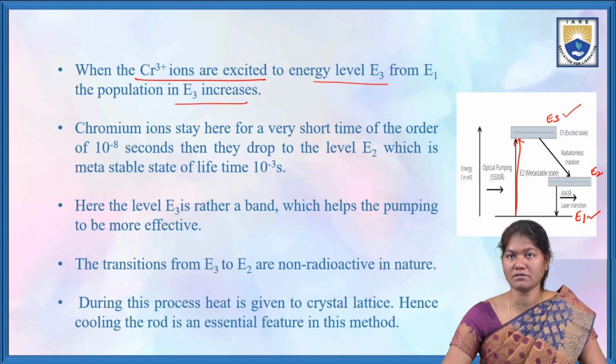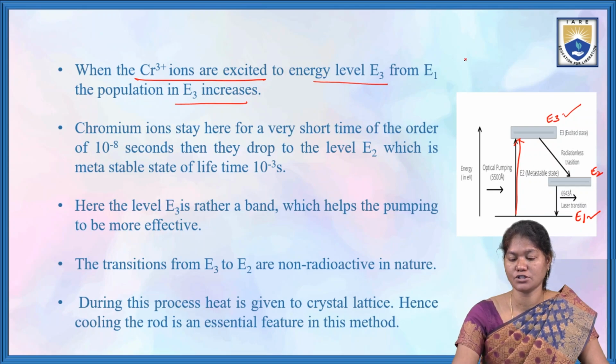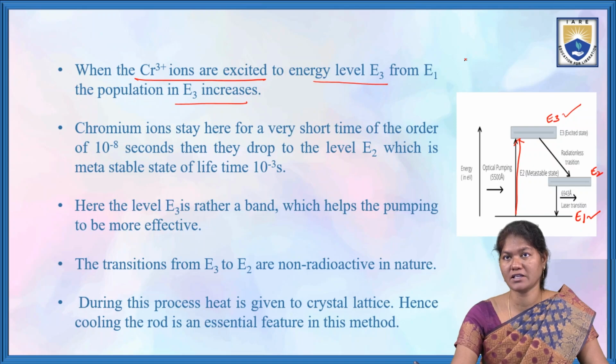To achieve stimulated emission, there should be population inversion. Population inversion is nothing but a greater number of atoms in the higher energy state.